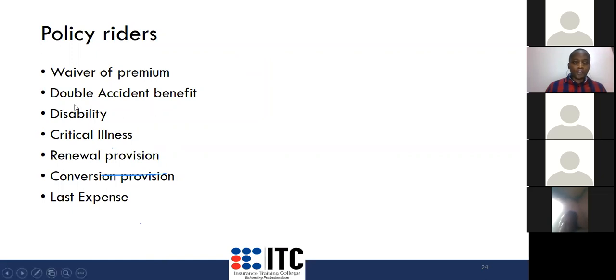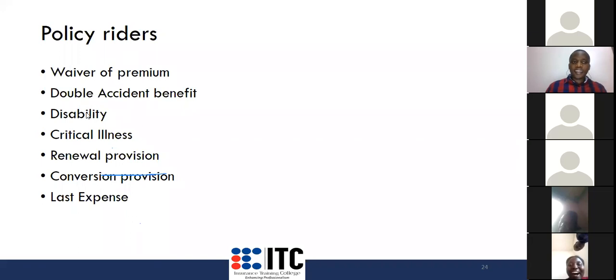So double accident is in relation to death. So it is a separate rider from waiver of premium. And then the disability rider is also a separate rider from double accident and waiver of premium, and relates to disability, whether it's as a result of an accident or as a result of natural circumstances.